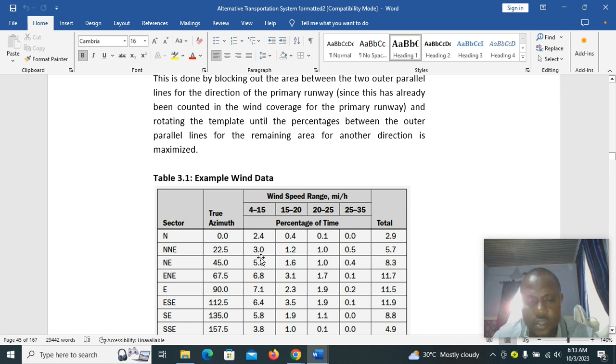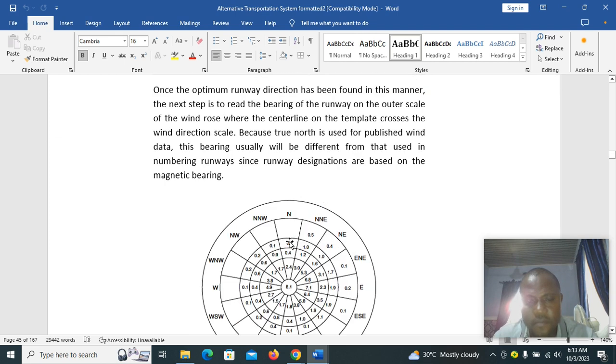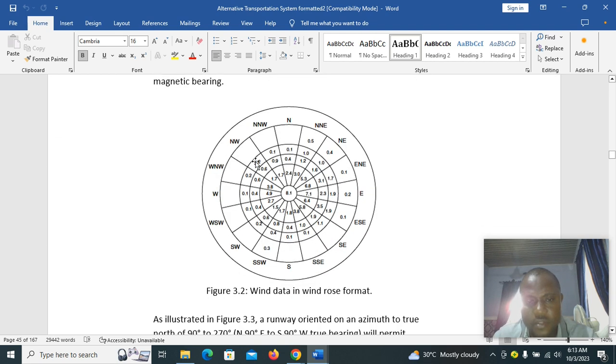So we enter the various values within the sector, the first one, the second one, the third one, the fourth one. You see that the strongest, the longest time is within this first one, followed by the next one, then the third one, and then the fourth one.